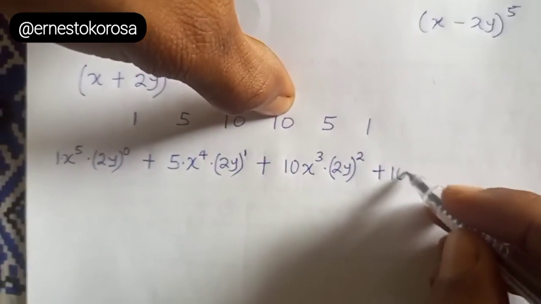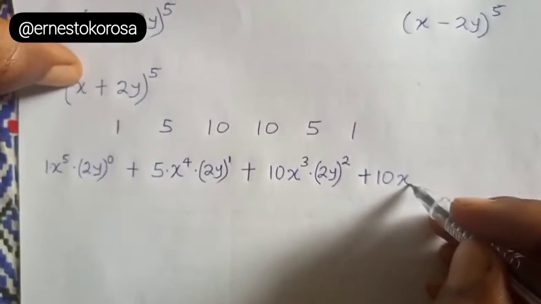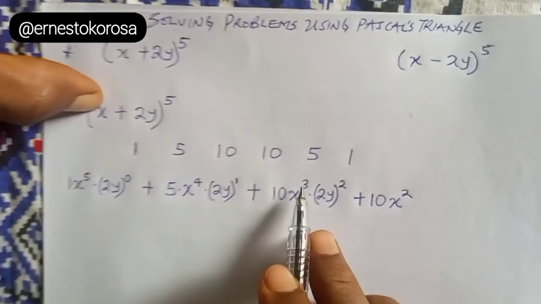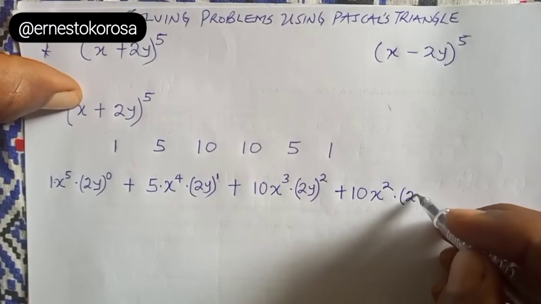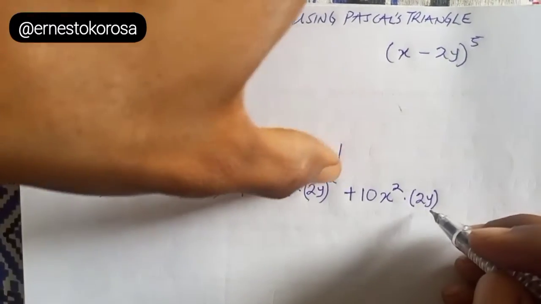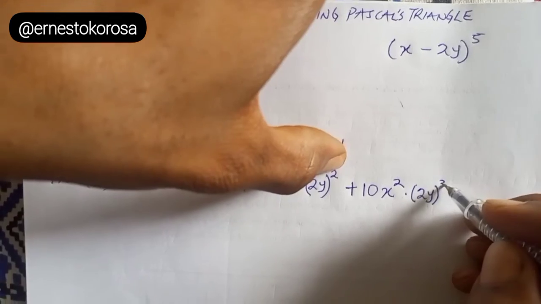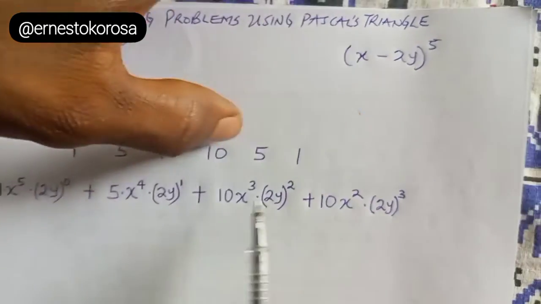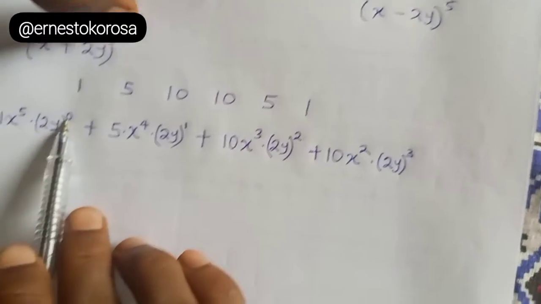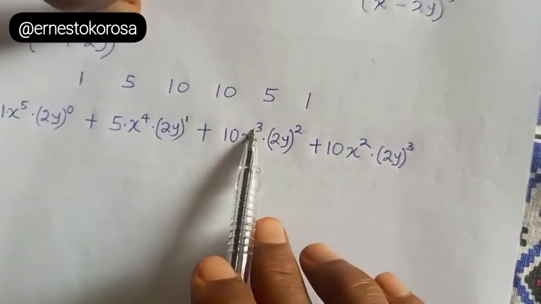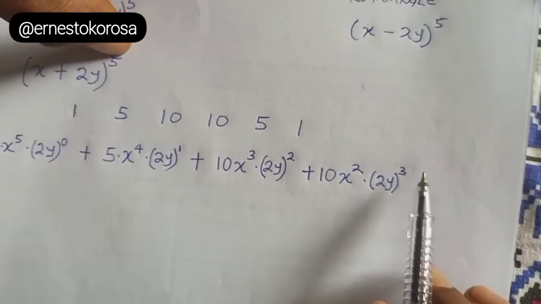So we have 10x raised to power 2. It was 3, now it is 2. Multiplied by 2y, it was 2 here, so it's increasing to 3. The bottom line is that the powers must add up to give you the power. You can see 5, 0 is a 5, 4, 1 is a 5, 3, 2, 2, 3, it is 5.